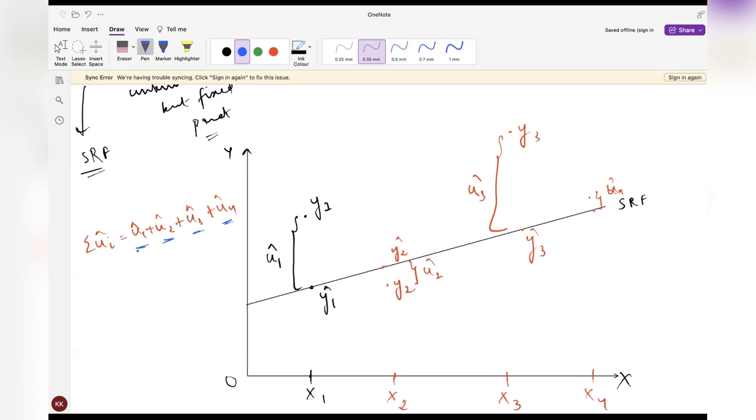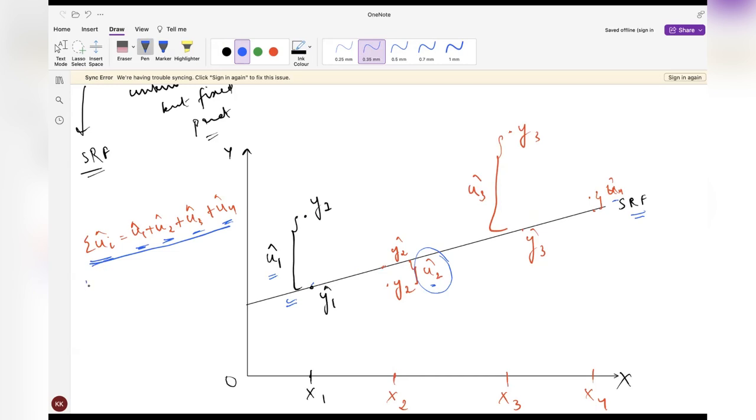Every residual is getting equal weightage, even though from the figure we can see that u1 hat is much more widely scattered from the SRF as compared to u2 hat or u4 hat. Still, they are getting equal importance. Still, this u2 hat is getting the same importance or weightage as u1 hat, even though it is closer to our SRF function, right? So that is why we do not take the sum of just the residual terms.